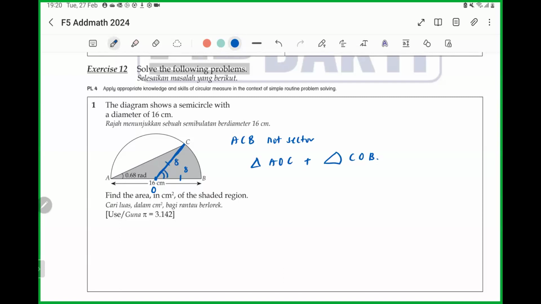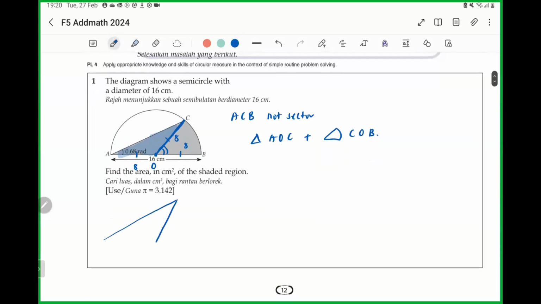First of all, you look at the triangle. You can see this triangle is an isosceles triangle, right? This one is 8 also because of the radius. If I have an isosceles triangle like this, this one is 8, this one is 8, then the angle here is 0.68, so this angle will be 0.68 also.